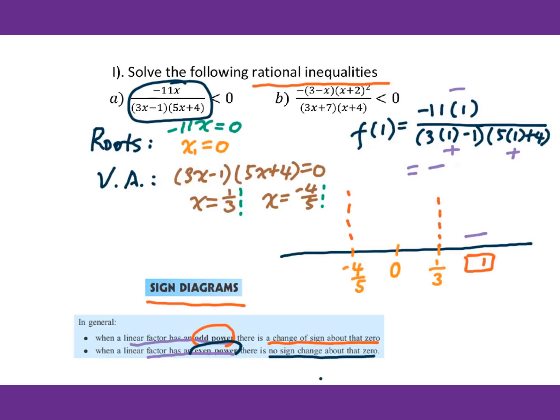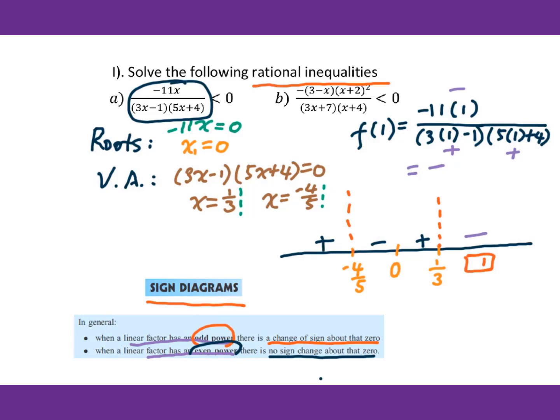It's all single factors, means for each factor the power is 1. 3x minus 1 to the first power. Therefore, there is a change of sign about their 0. The neighbor interval has a different sign, so we get positive here, negative here, positive here.